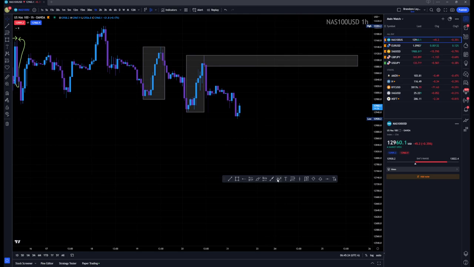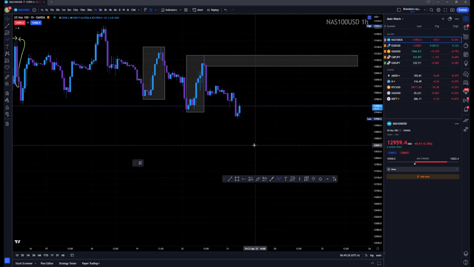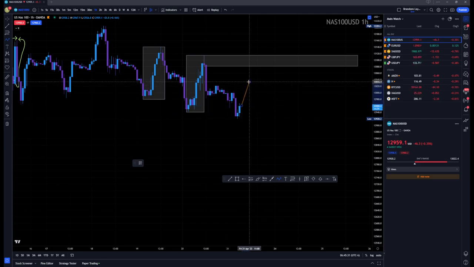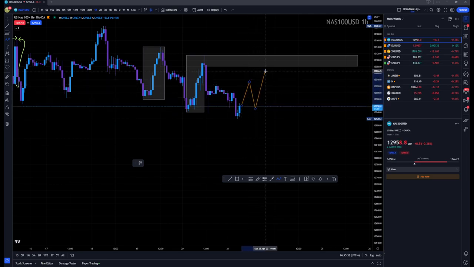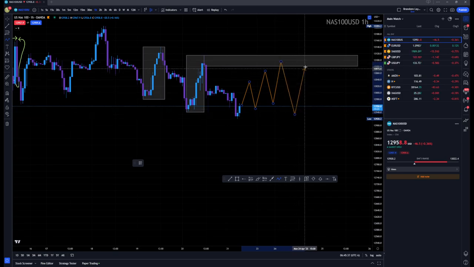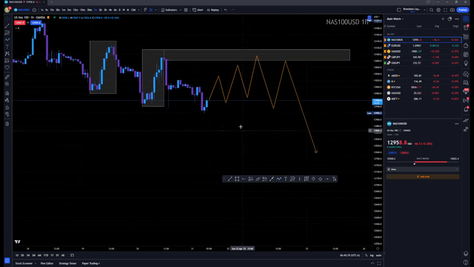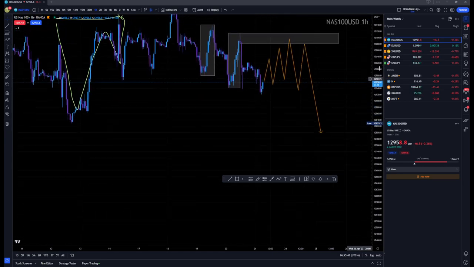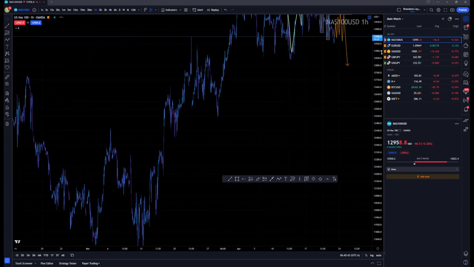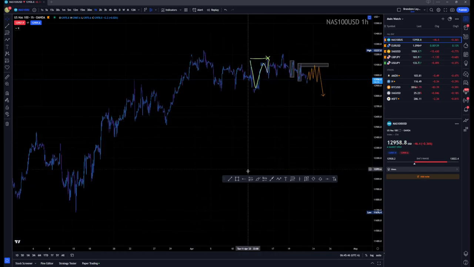So we want to see price come from 12,960 points, start to move up, higher highs, higher lows, higher highs, higher lows. And then we're going to see lower low, lower high, lower low, to continue down all the way to this higher time frame level zone here.